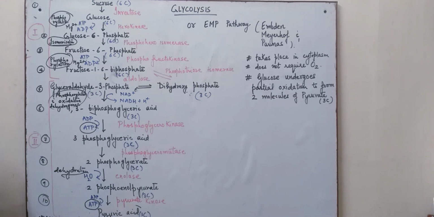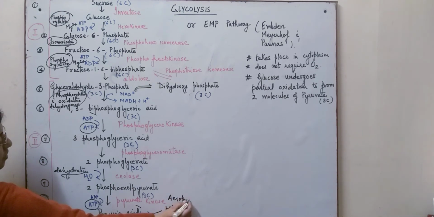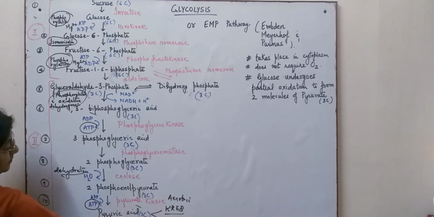If it is aerobic breakdown, it then goes finally into the Krebs cycle, or it may undergo fermentation in an anaerobic condition, that is absence of oxygen. Glycolysis is an important process and is the beginning of the breakdown of the molecule of glucose.